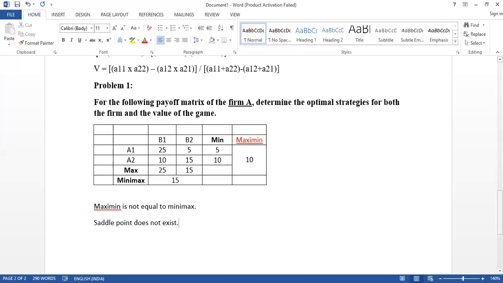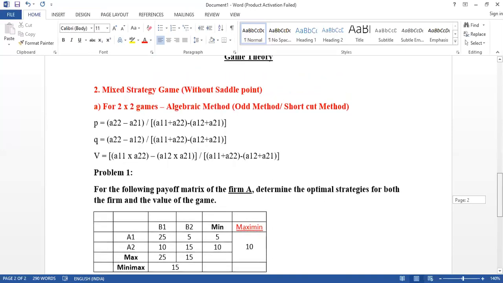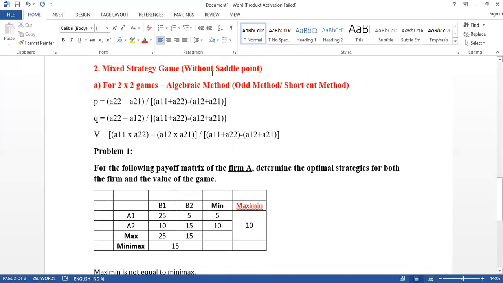Saddle point does not exist. So, again, let us go back and try to check. See, without saddle point, so saddle point does not exist. That means it belongs to mixed strategy game.